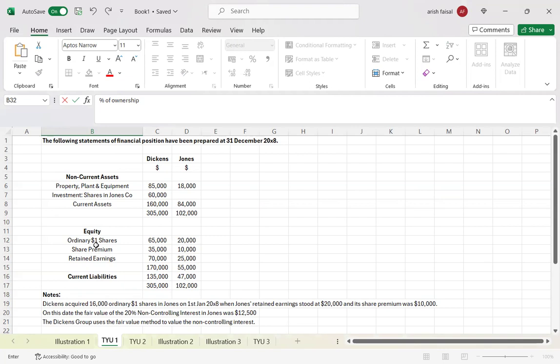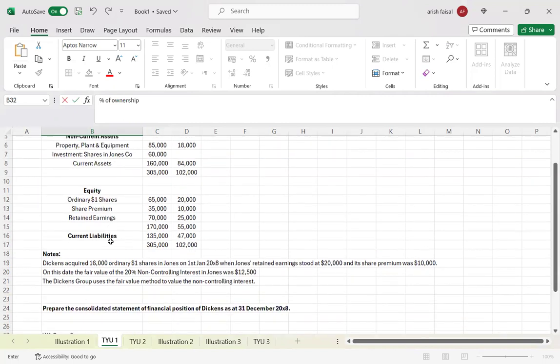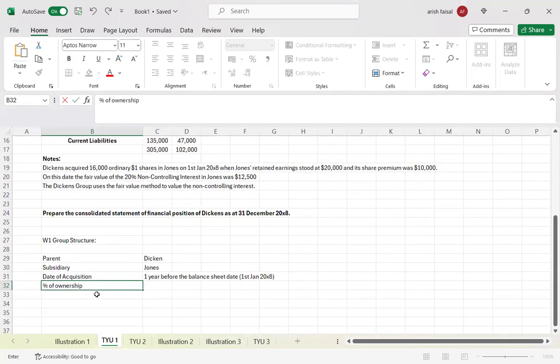So please make sure that when you're doing the exam question, you are careful about the par value or the nominal value. It's not necessary that they will give it to you at $1. It can be 0.25, it can be 0.5, it can be 0.4, it can be anything. So you have to figure it out properly before you find out the total number of shares of the subsidiary. Anyways, in this case, it's $1.